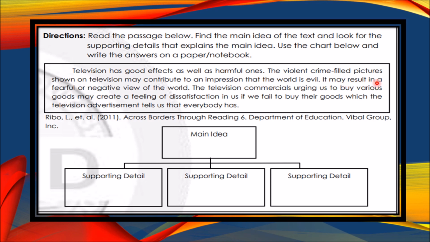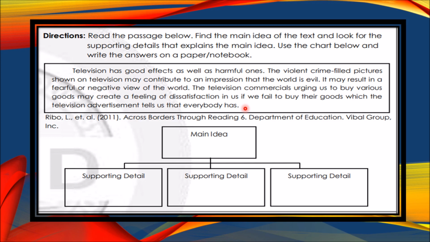It may result in a fearful or negative view on the world. The television commercials urging us to buy various goods may create a feeling of dissatisfaction in us if we fail to buy their goods, which the television advertisement tells us that everybody has.